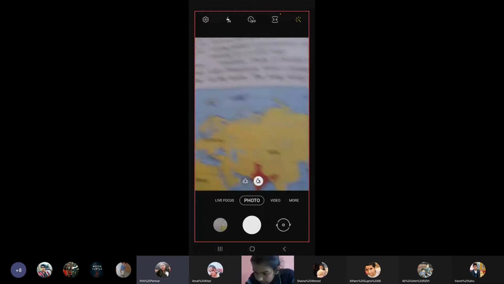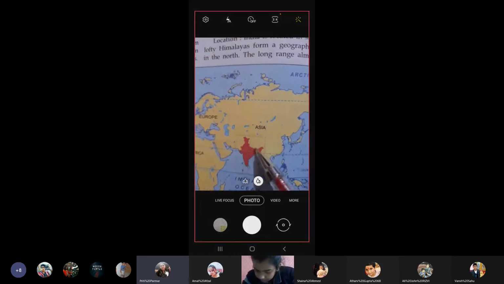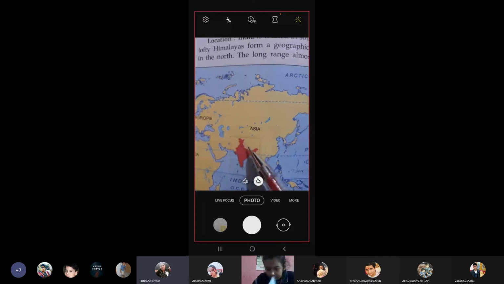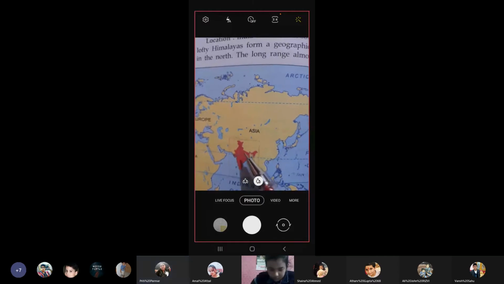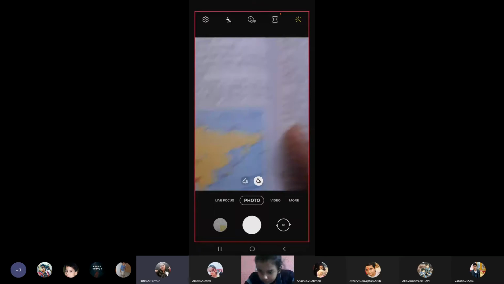As we all know, India is separated from Asia because of the presence of the huge Himalayan range on this side, which cuts it off from the other part of Asia, and thus this whole area is also known as the Indian subcontinent.